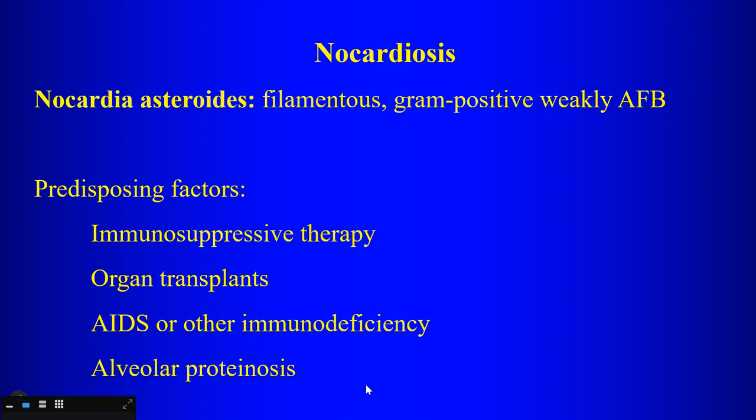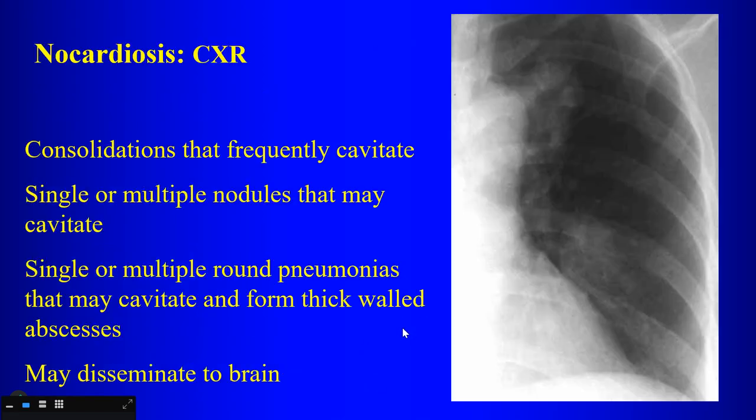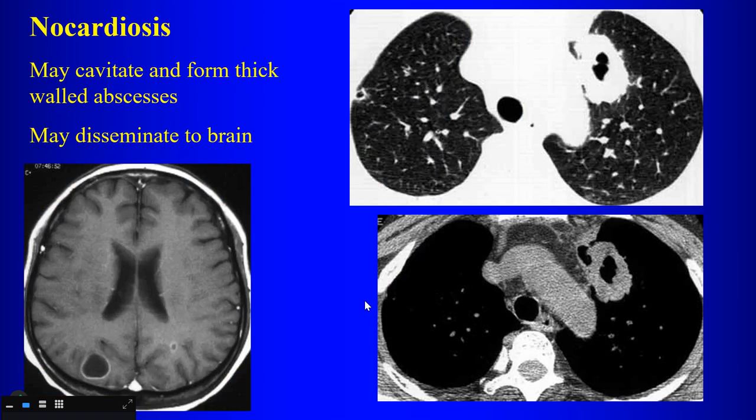Interestingly, alveolar proteinosis patients are also prone to infection with nocardia. So here, consolidations that frequently cavitate, single or multiple round pneumonias, and this can disseminate to the brain and give you brain abscesses. So that's what's peculiar about nocardiosis. Right, so it can cavitate, form thick-walled abscesses, and can disseminate to the brain.